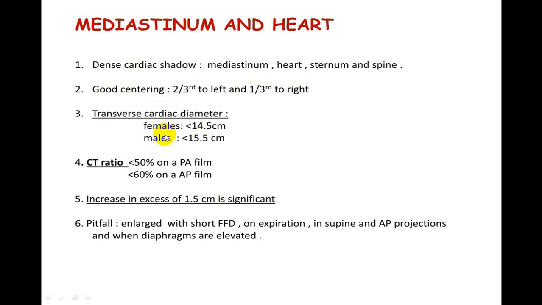Now this requires a PA view, and centering should be proper, or what we call rotation should not be there. At the same time, it should be taken in full inspiration, in erect posture. So this should be there.